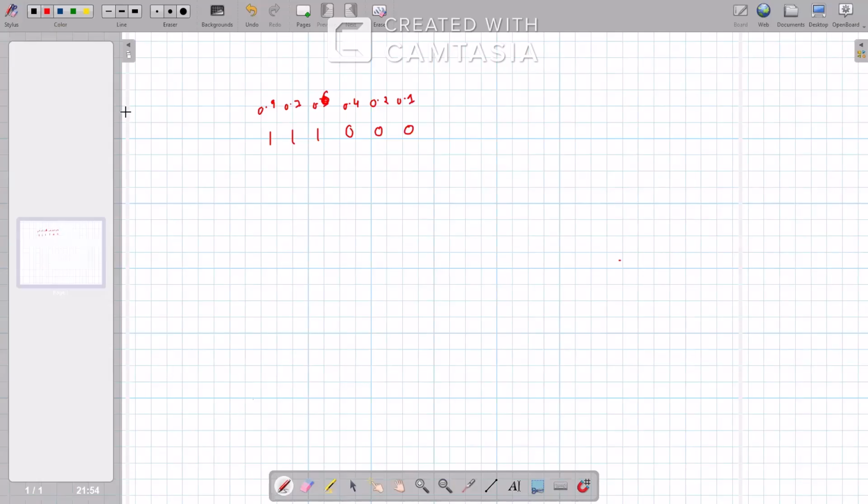So here I'm choosing 0.5 as our threshold. Among the given ones, these are all positive, and these are all negative. And by taking 0.5, what will happen? By taking the positive, what will happen?